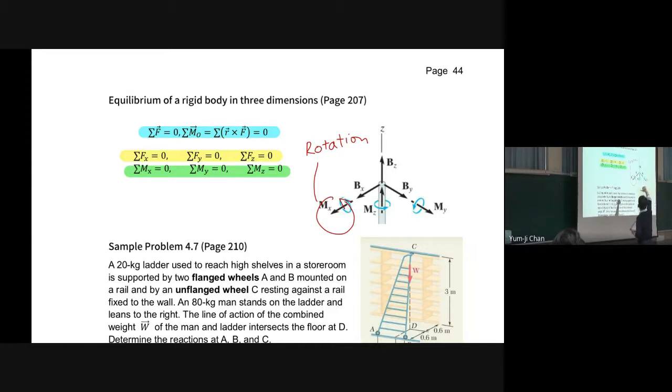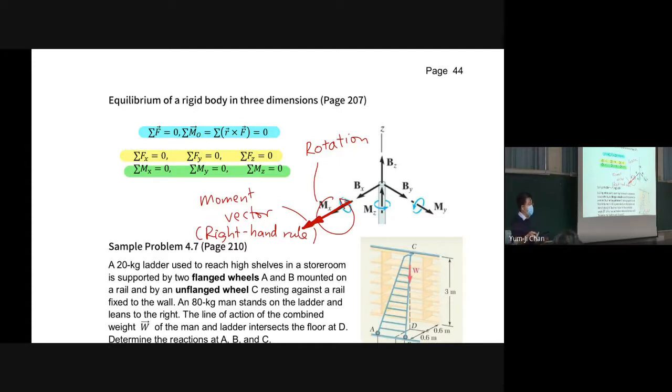The moment vector is in this direction. Okay, if your answer in the moments is a rotation in this direction, then you should mark the moment vector in this direction.